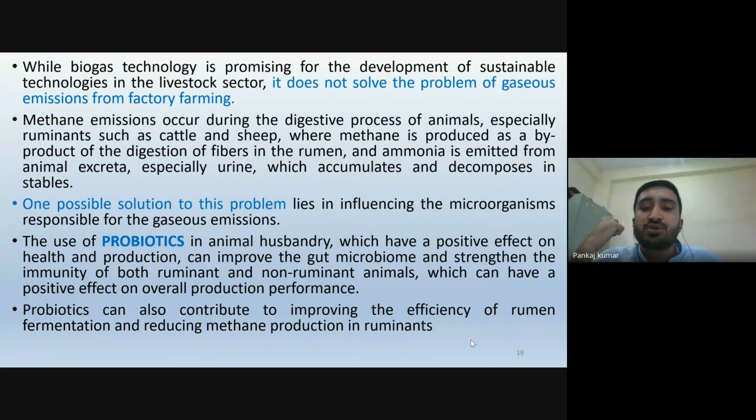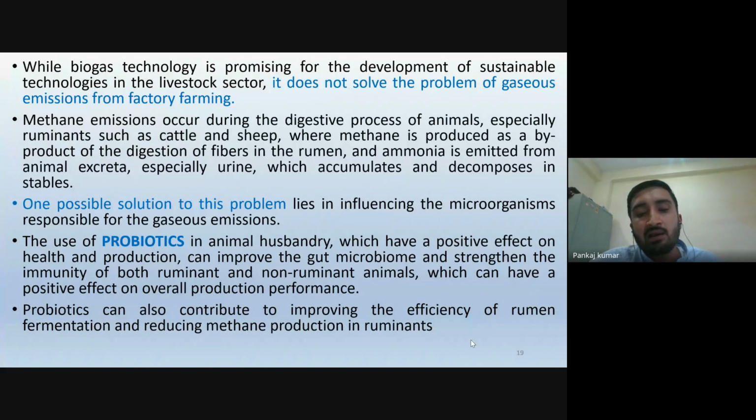One possible solution lies in influencing the microorganisms responsible for gaseous emission. So if we can influence the character or nature of these microbes that are present in the rumen of that animal, the overall problem can be solved. So probiotics are one of the things that can be used here in animal husbandry, which have a positive effect on health and production, can improve the gut microbiome and strengthen the immunity of both ruminant and non-ruminant animals, which can have a positive effect on overall production and performance.